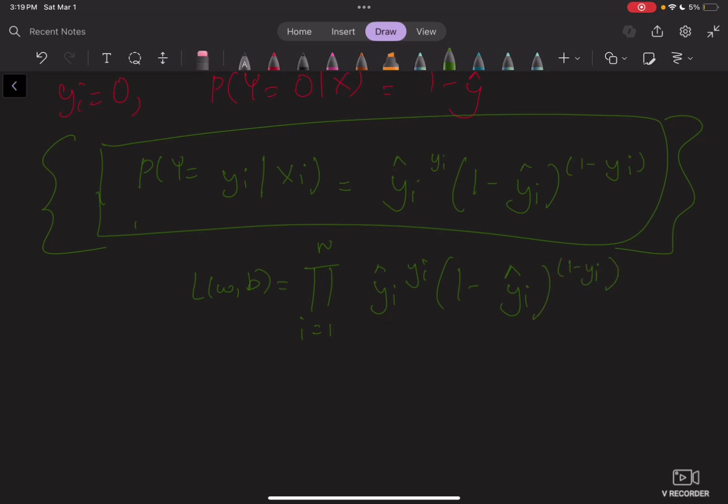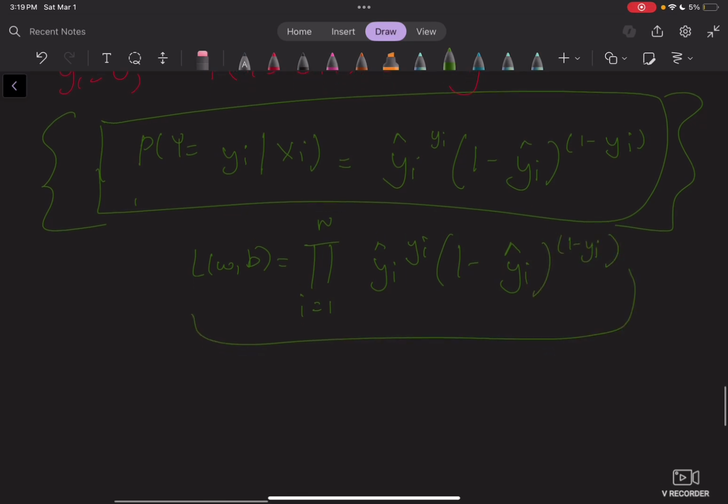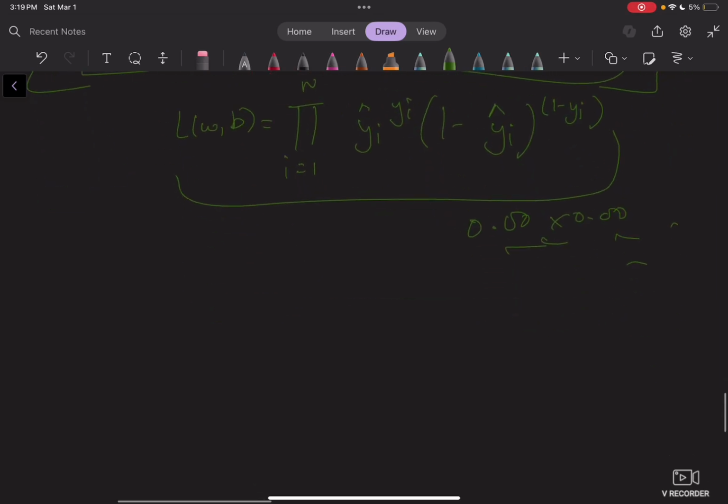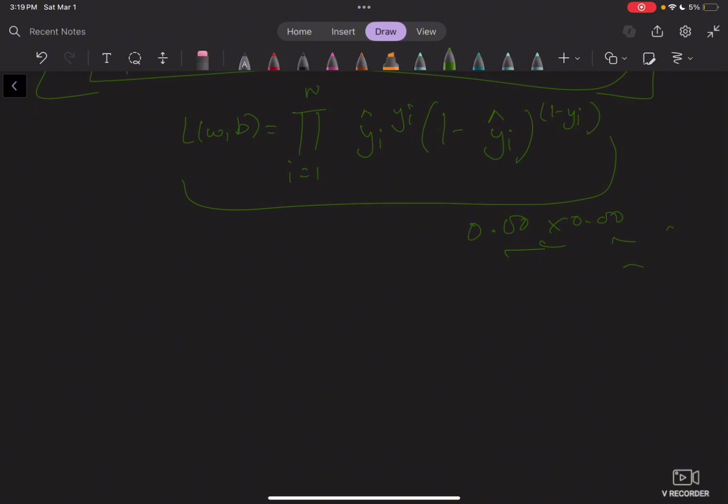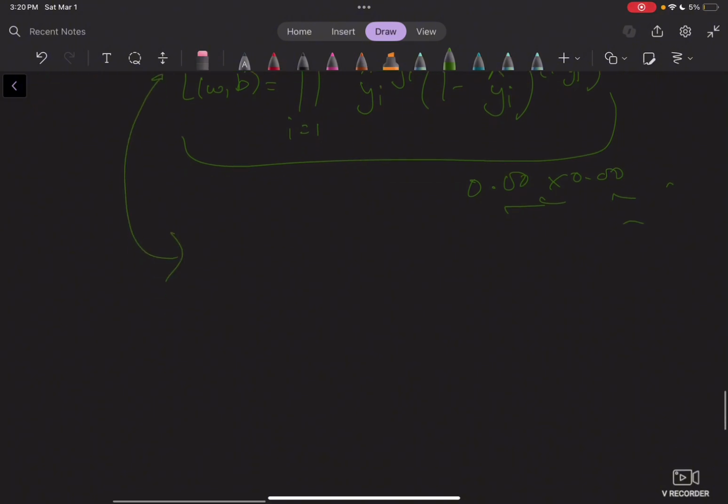Since multiplying many small probabilities can cause numerical issues, because we're multiplying 0.00 times 0.00 and it just becomes so small that our computer might not be able to pick up the precision that we want, what we do is take the log of this function, and this is the log likelihood.